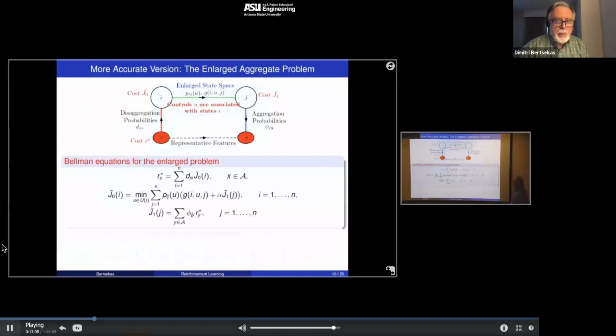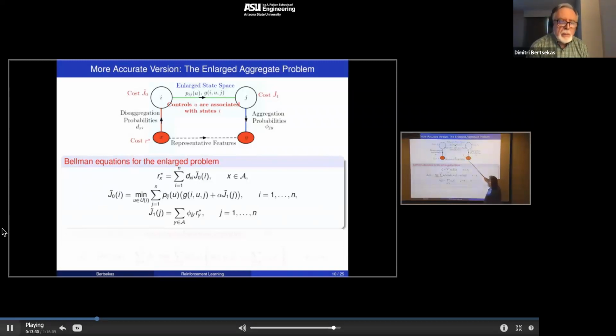Here it is. In order to bring in controls associated with states, we have to bring this into the aggregate model. And what we will do is create an enlarged state space that would involve both the representative features and the original states and their transitions.